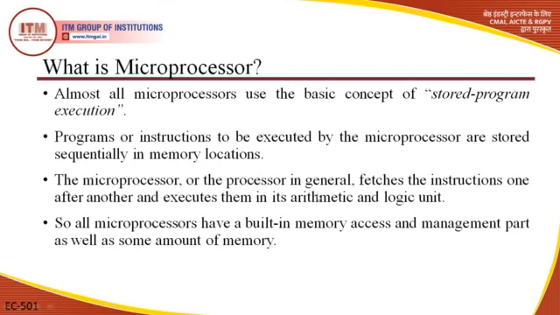So the microprocessor fetches the instructions one after another and executes them in its arithmetic and logical unit. So ALU or arithmetic logical unit is the functional block in which all processing is done, whether the instruction is an arithmetic operation or some logical operation.